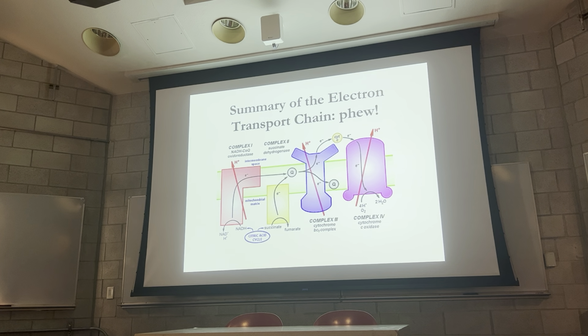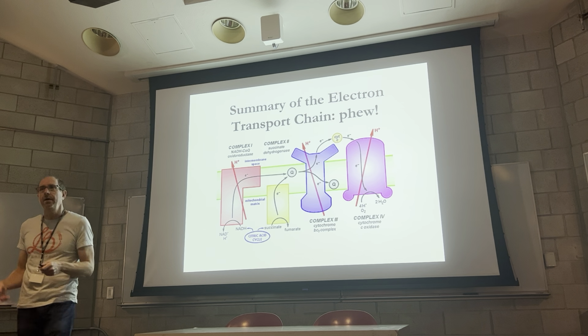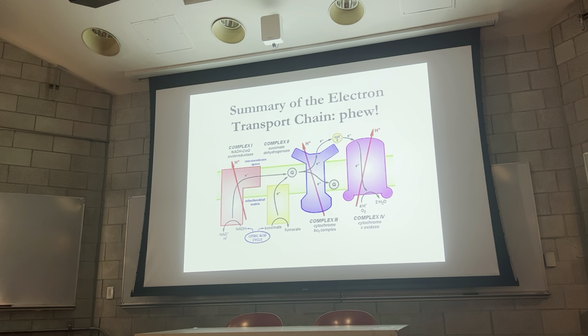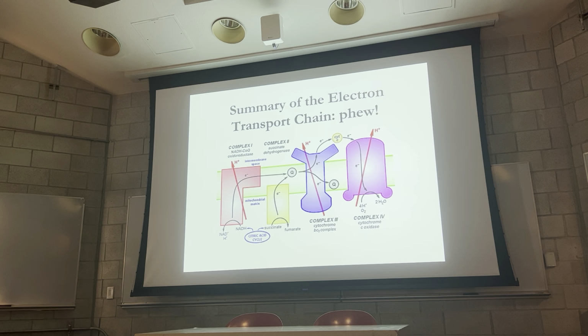The QH2 that's generated will then help generate a proton gradient, and then the oxidation of cytochrome C, ultimately by molecular oxygen, releases a ton of free energy, and rather than that free energy just being released as heat, it's coupled to conformational changes that result in the pumping of more protons, helping to generate this proton gradient.